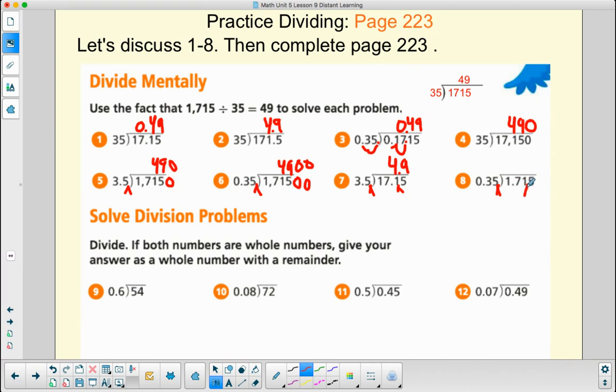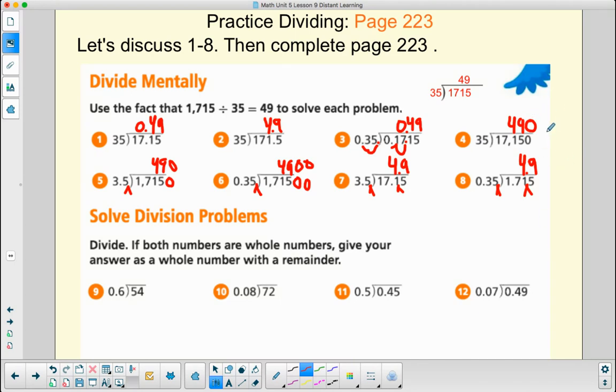That's multiplying it by 100. That puts my decimal here between the 1 and the 5. My 4 and my 9 go above the 1 and the 5. So I have 4 and 9/10. So that is using the fact that 1,715 divided by 35 is 49 to do all 8 of these problems mentally.